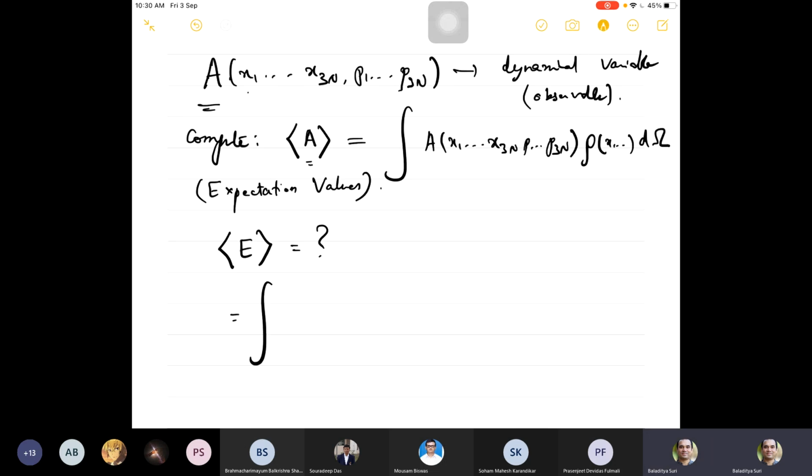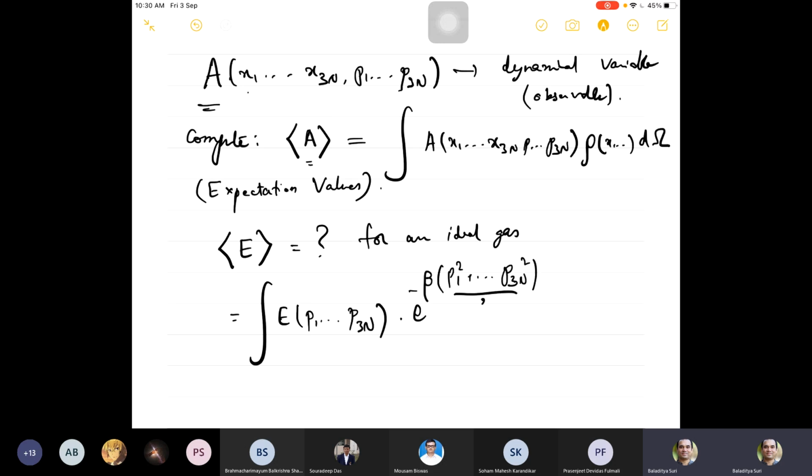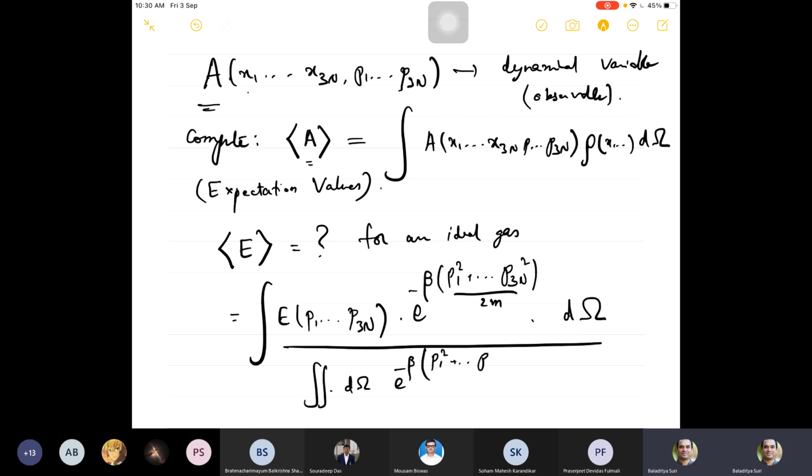It is E of p1 to p3n, because for an ideal gas, this value will be E of p1 to p3n times the probability density, which is e to the power of minus beta p1 squared plus so on to p3n squared by 2m, for simplicity assuming d omega is the integration element, divided by the integral d omega e to the power of minus beta p1 squared plus so on to p3n squared by 2m.